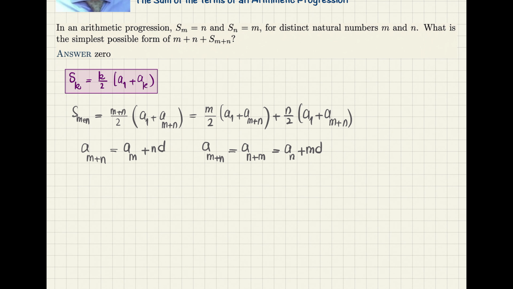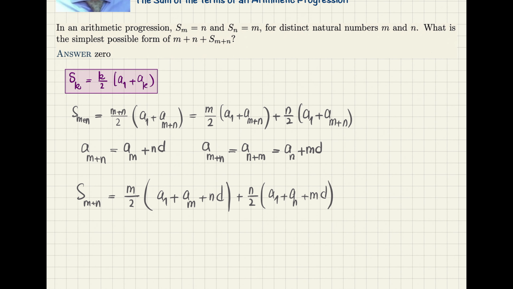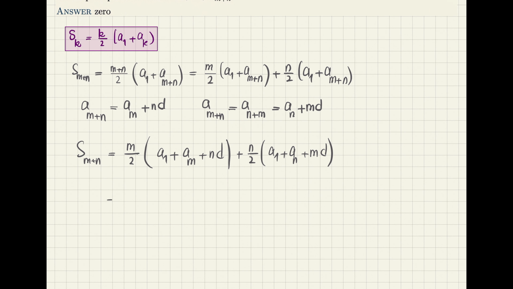Then it becomes S sub m plus n is equal to m over 2 times (a1 plus a sub m plus nd), and then I have n over 2 times (a sub 1 plus a sub n plus md). Now what I do, I will take m over 2 and multiply it by this combination of these two, and then multiply it here.